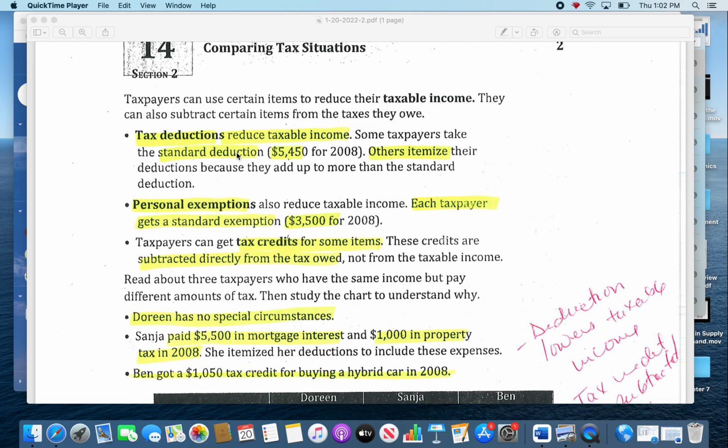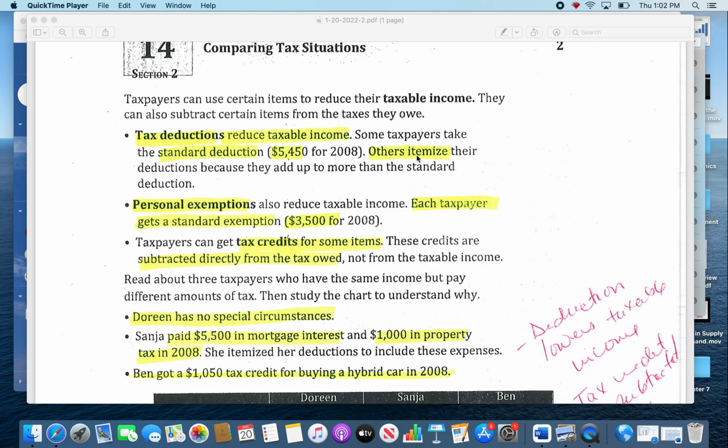Some will take a standard deduction, and that just means when you add up all of the deductions that you have kept track of, all of the things that you're allowed to deduct didn't add up to more than $5,450. So if you keep all of your receipts for the year and your tax deductions end up being more than this, then you're going to itemize that.